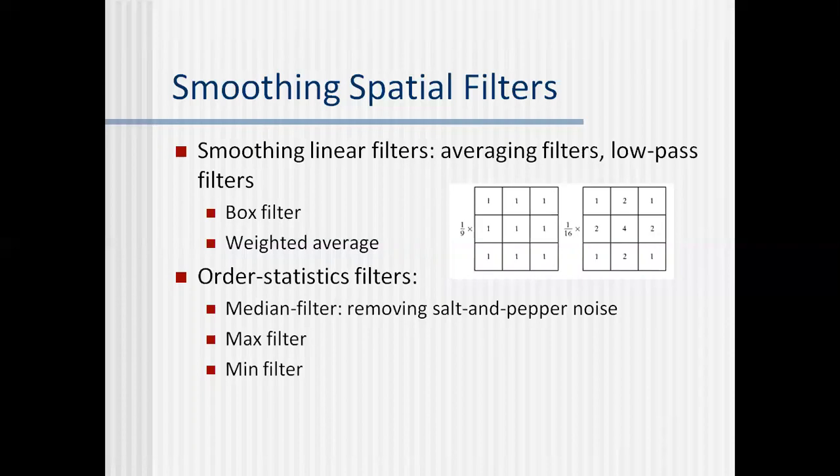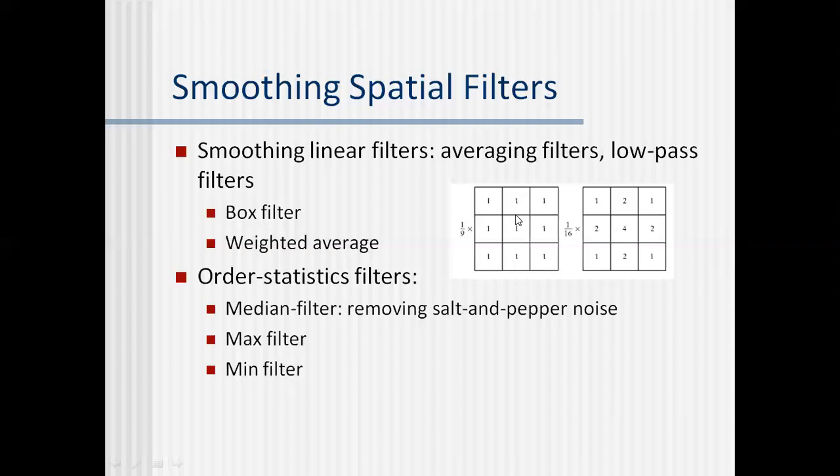Just remember one thing: the smoothing process means high contrast levels to low contrast levels. Because of high to low, it allows only low pass filtering techniques. So averaging filters means low pass filters or any smoothing filters, which is just averaging of all the pixels.